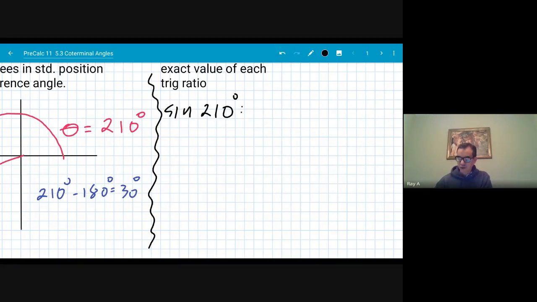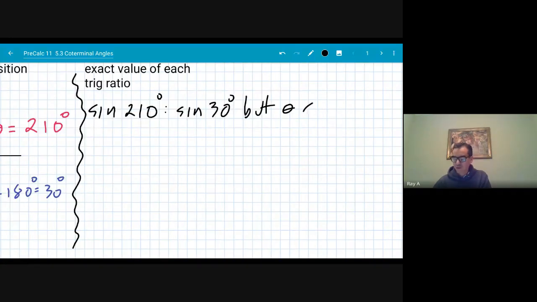Our angle theta is in quadrant 3, so how is it affected? Well, in quadrant 3, according to CAST, the sign is negative. Therefore, as long as we can get the sine of 30 degrees, whatever that value is going to be, we will just make it negative.